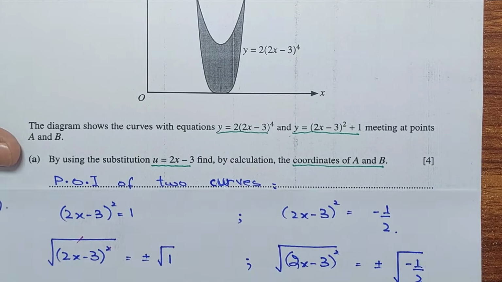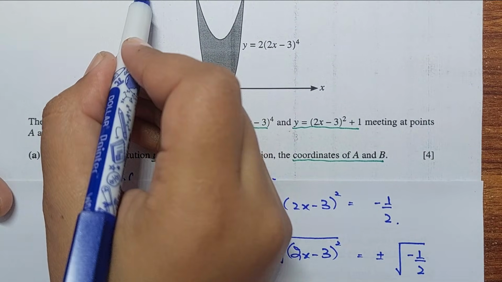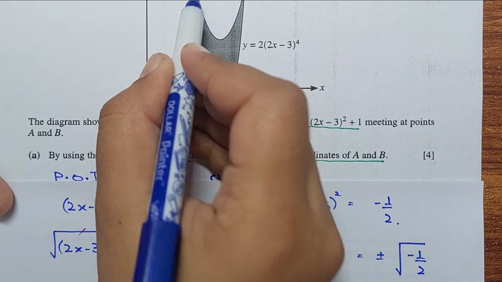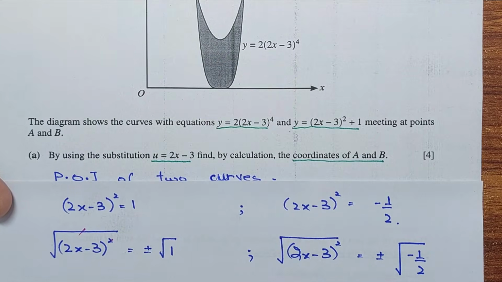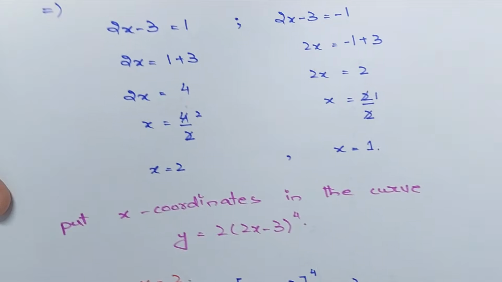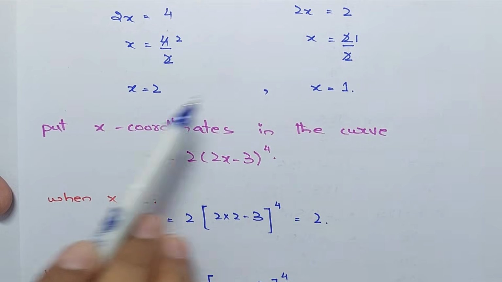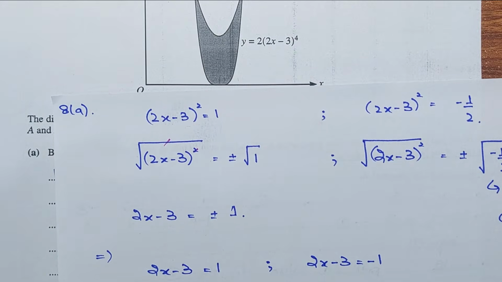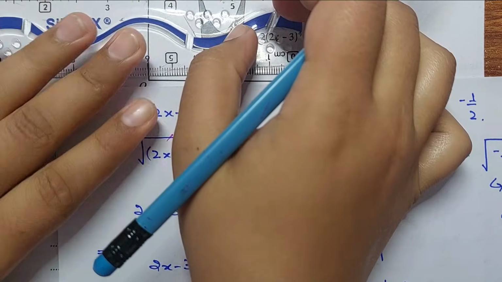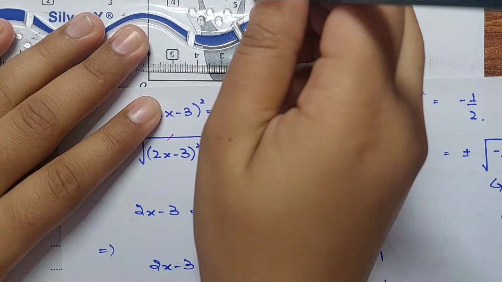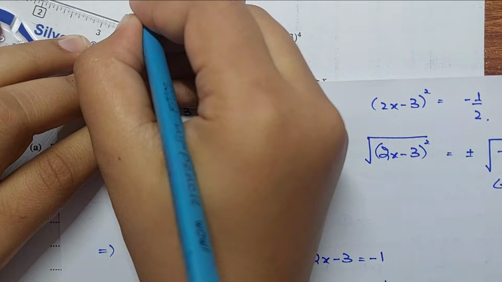So for A and B, the y coordinates are the same, 2, and the x coordinates are 1 and 2. So the x coordinate of A should be 1. You can see the x coordinates are 1 and 2 and the y coordinates are 2 and 2, right? So the y coordinate stays the same. Here the y is 2, this y is 2.